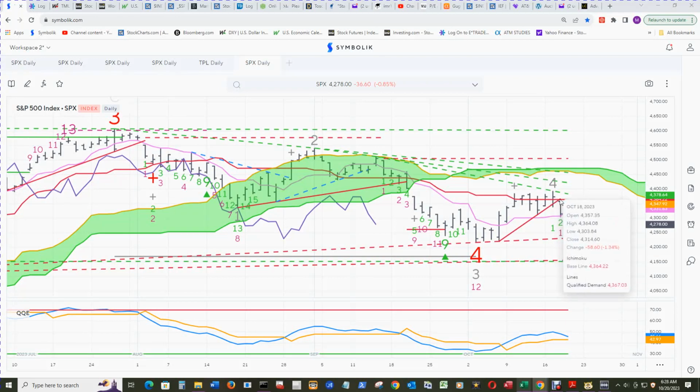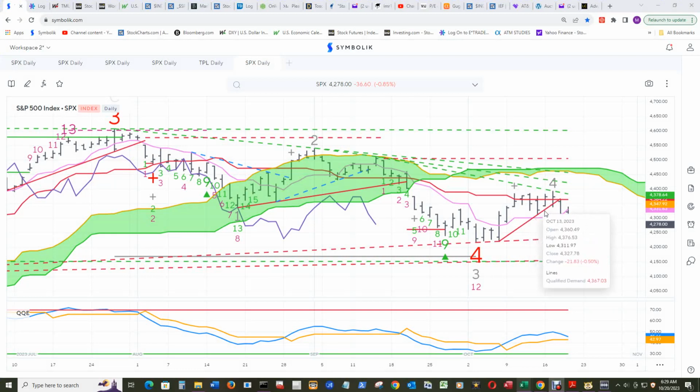And there's no qualified demand projection from this qualified demand line, as price on the 19th opened higher than the close and low of the bar on the 18th, and then ticked a little higher and then subsequently closed below it. So no demand projection for this qualified demand line, and nor is it qualified and confirmed.